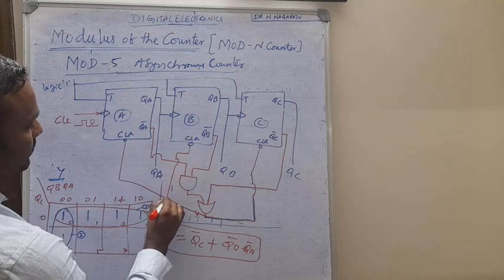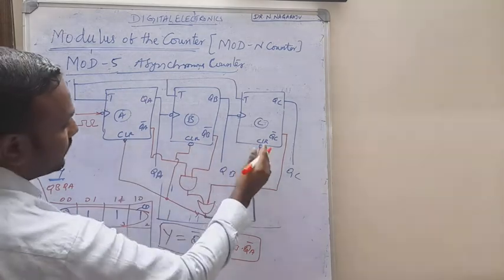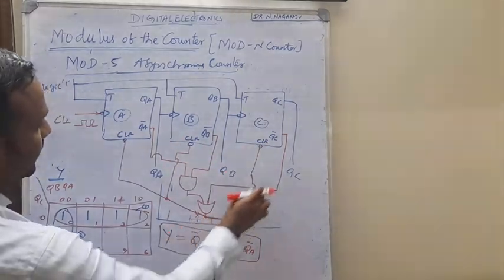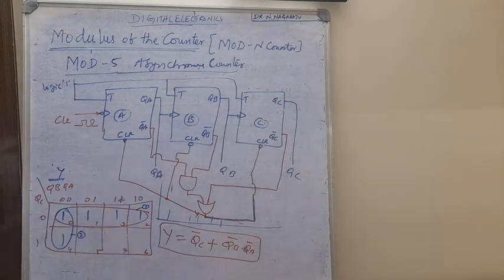This output should be connected to all clear signals of all flip-flops. So this is the mod 5 asynchronous counter. Similarly, we can check for higher mod counters, any mod counter. Here the mod indicates what? The number of states. So based on the number of states only, you have to design the counter.